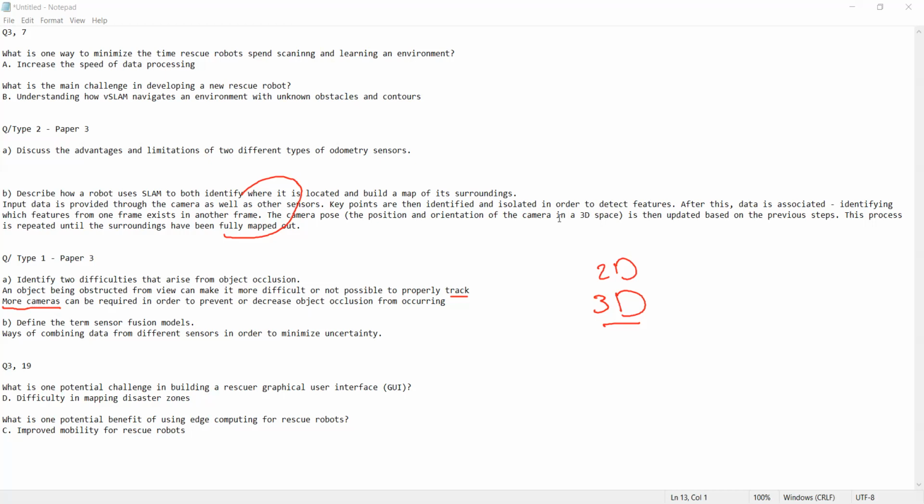Okay, so now define the term sensor fusion models. Your answer is okay, but you also have to understand that when we talk about fusion, you want to improve the data analysis, so not only the uncertainty, but I would say improving data analysis is actually important, and I would say data accuracy.